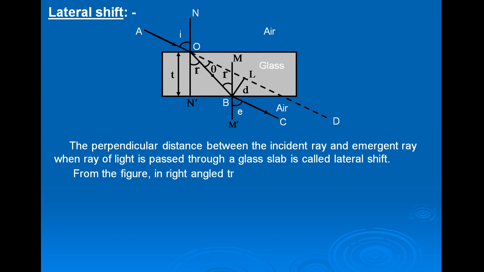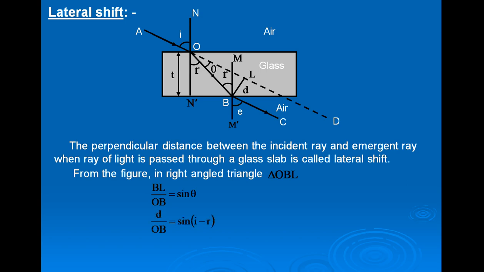From the figure, in right angle triangle OBL, right angled at point L, we get BL upon OB is equal to sine theta. Height upon hypotenuse is equal to sine theta.